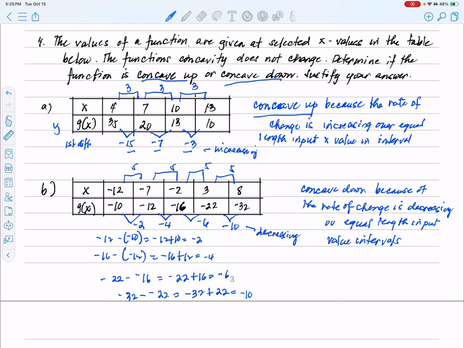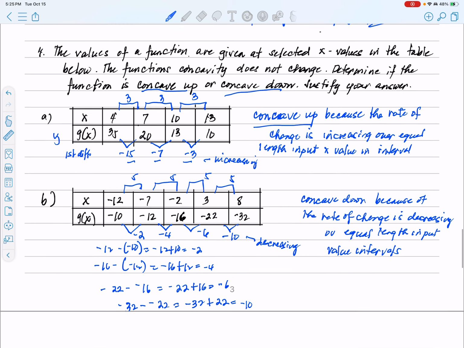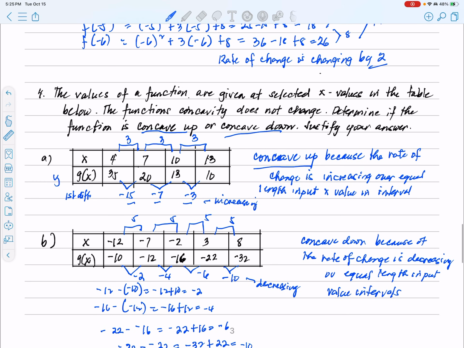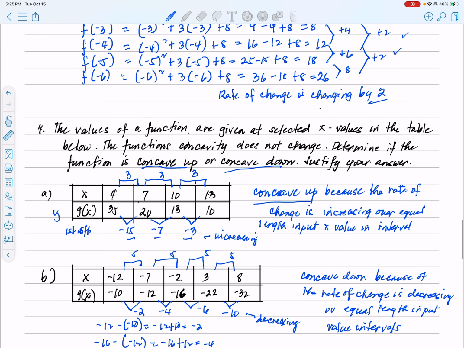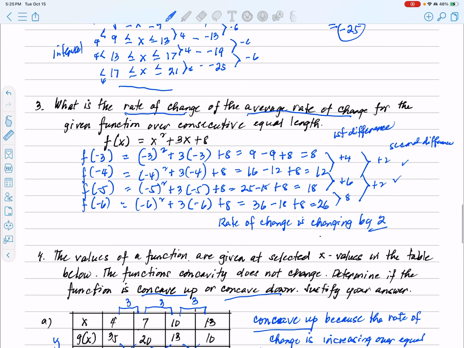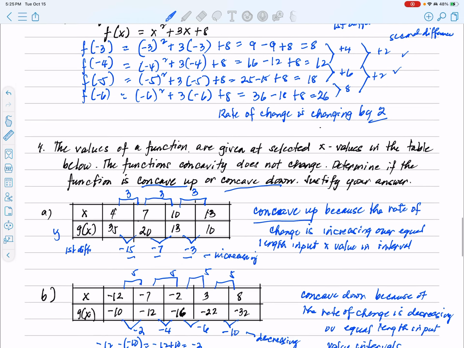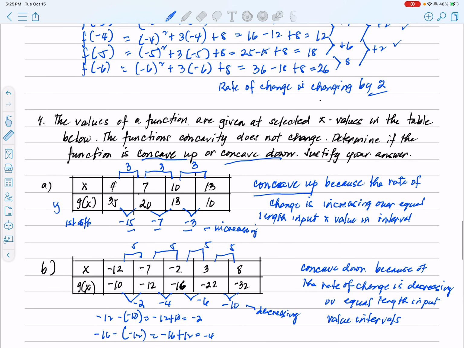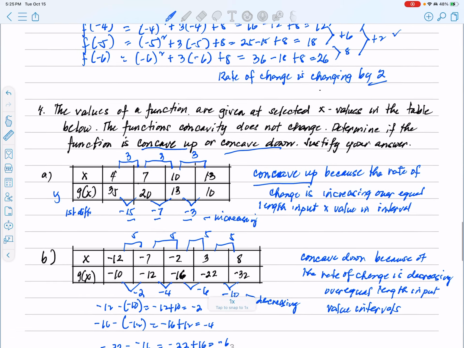By looking at the table, we have that. By looking at the graph, we have that. By finding the rate of change of the average rate of change, we have that. So I hope you were able to understand.